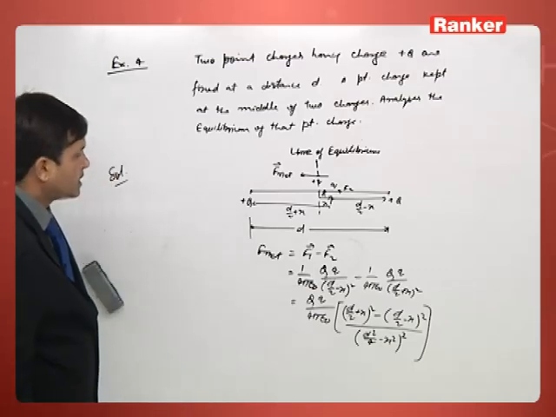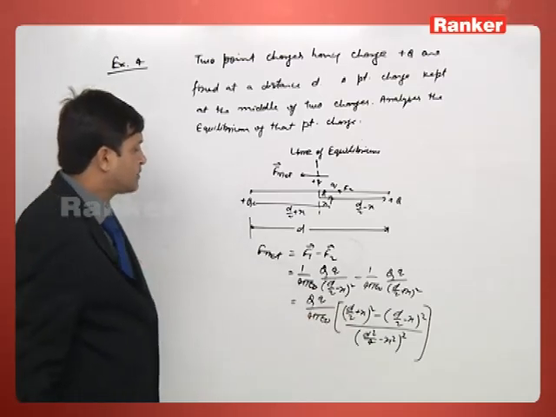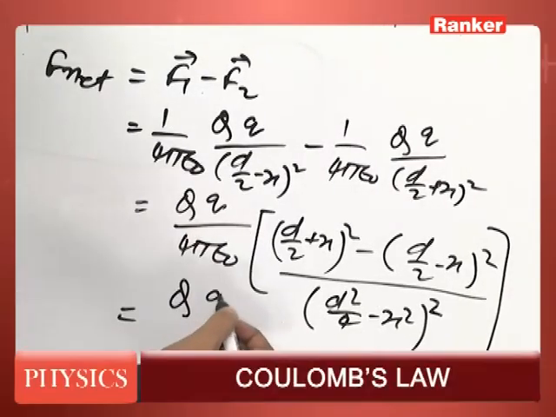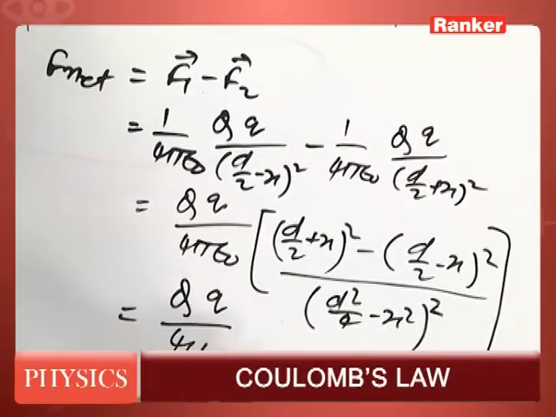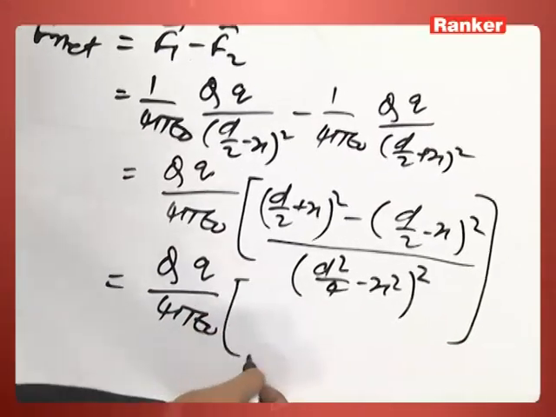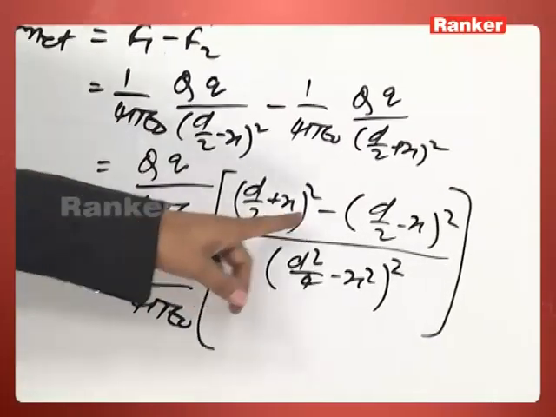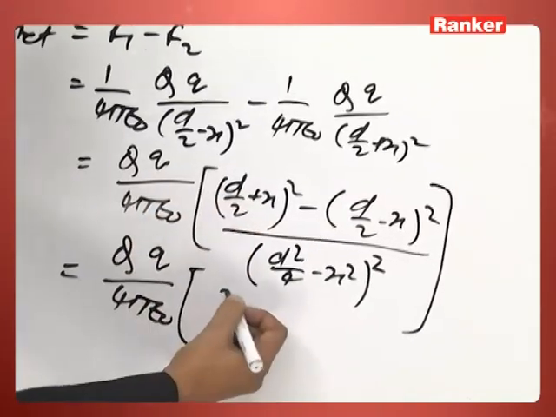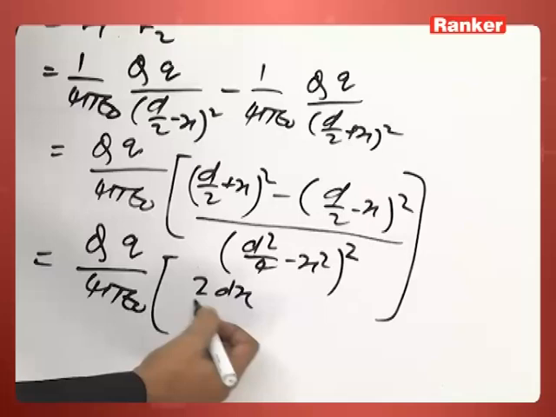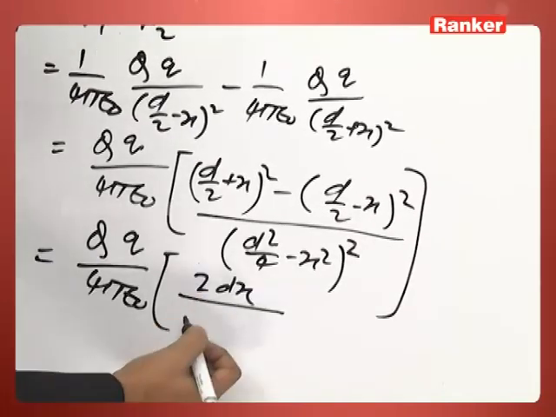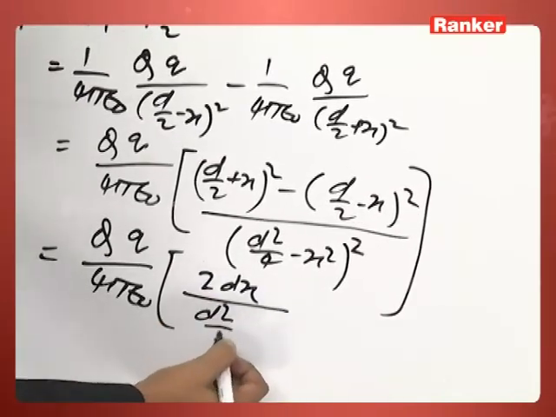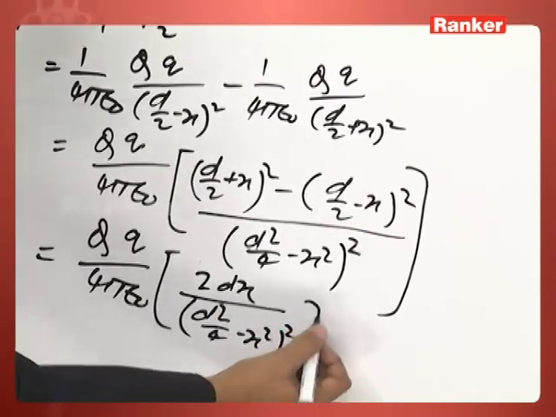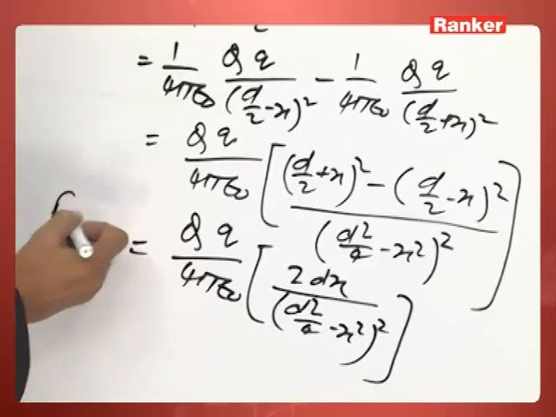Okay. Now further we are simplifying this. So what we will get is q cube by 4 pi epsilon naught. So this term becomes 2 dx by (d square by 4 minus x square) whole square, which is F net.